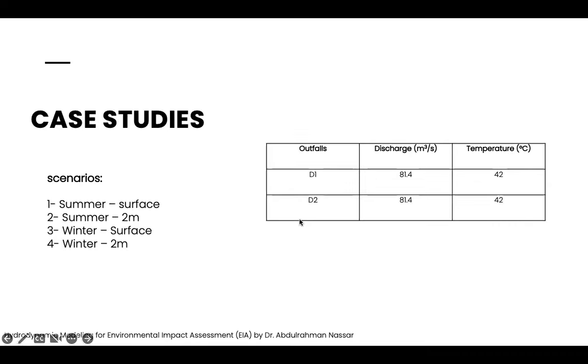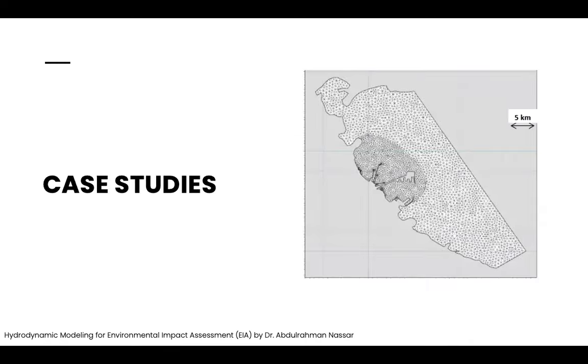After we input our data, run our model and give it time, we get results. This is the mesh, where we convert the project area into points, so we can deal with it mathematically through the modeling application.